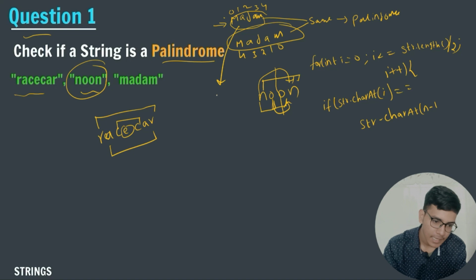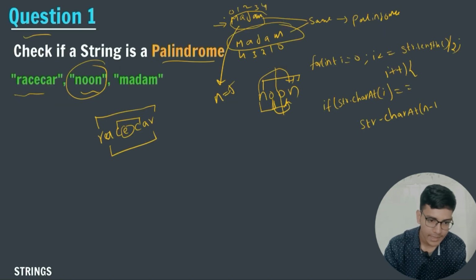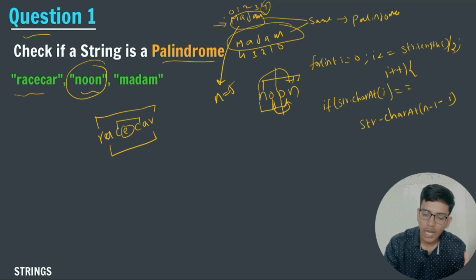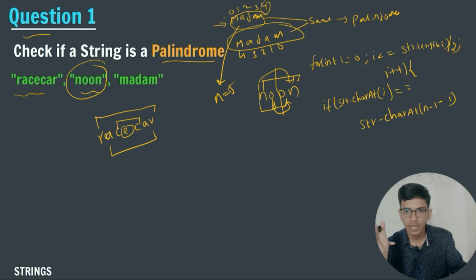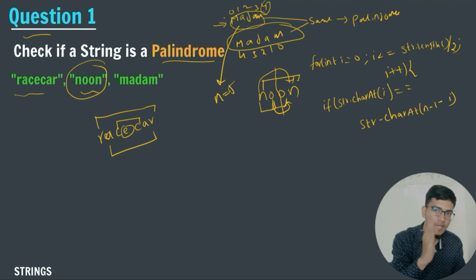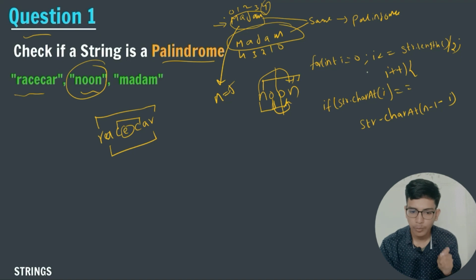Suppose here the n value is 5, but the last index is n minus 1. So the last element is at n minus 1 minus i, because after each and every iteration I am decreasing the index of the last element, I am coming towards the left side. So I need to check n minus 1 minus i.